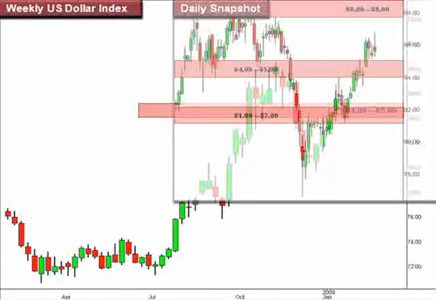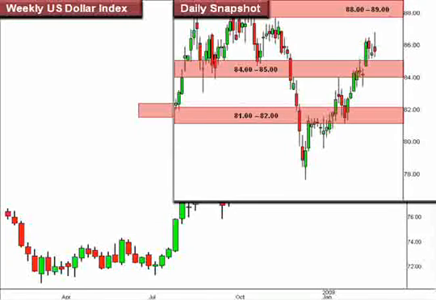A look at the daily chart shows that there is some indecision taking place at this level, suggesting that this upward drive may be stalling. However, as long as the price action continues to consolidate above that 84-85 focal zone, we have to be open to a test of that upper 88-89 level as being a possibility.